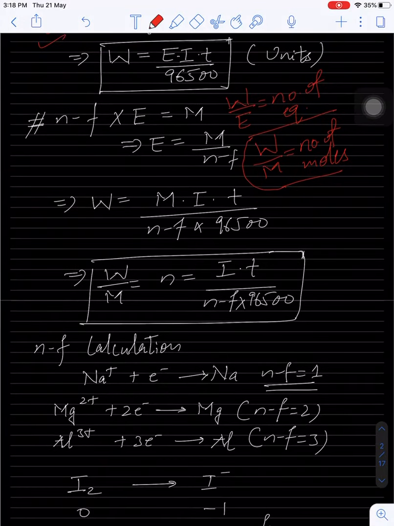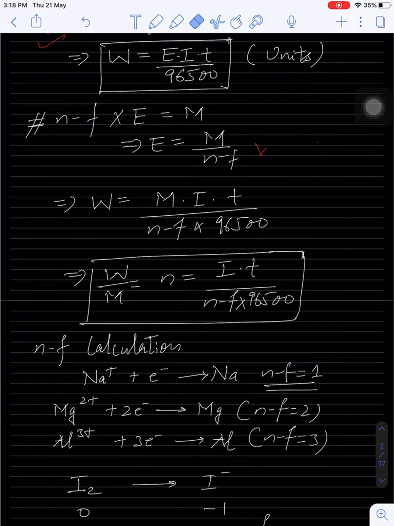We have clearly studied, look, n factor multiplied by equivalent weight equals molar weight. M is the molar weight.